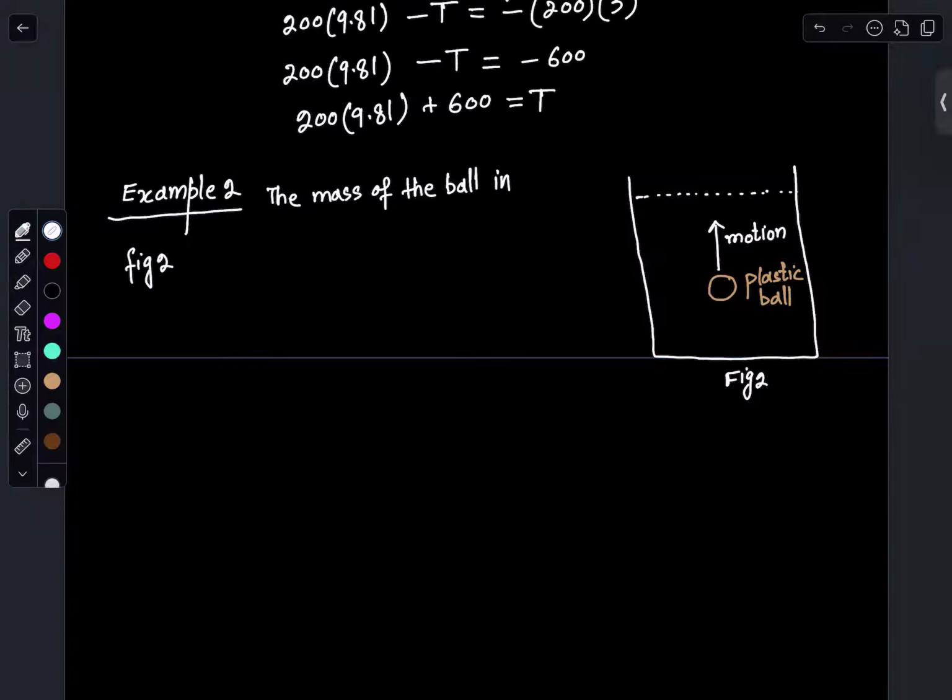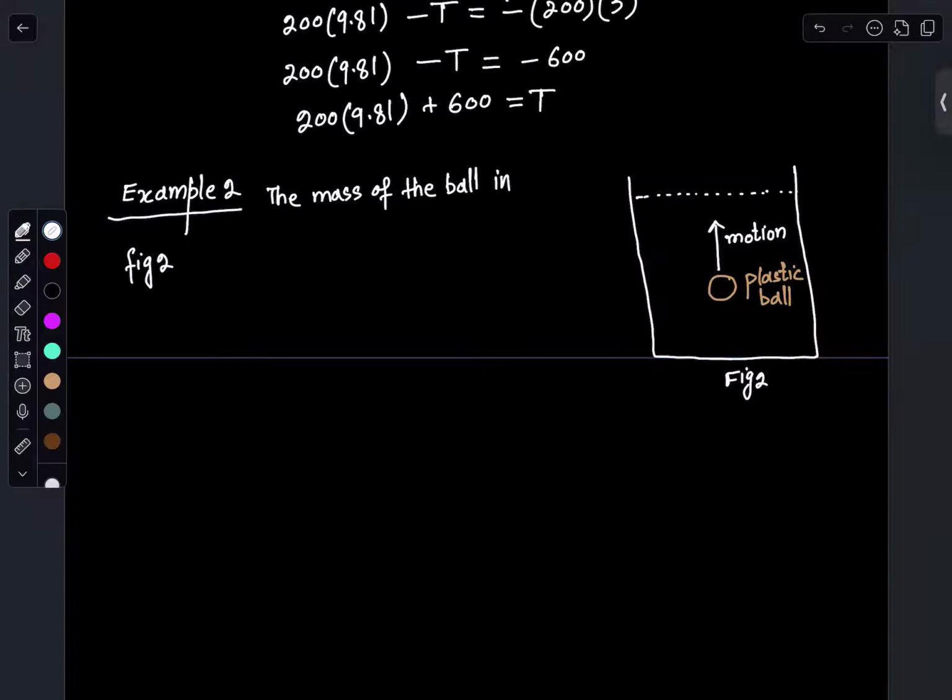So 200 over 1000 becomes 0.2 kilograms. So it will be 0.2 into 9.81, and then plus drag force that is to be calculated, is equal to mass of the ball, that is 0.2, and then you have acceleration.